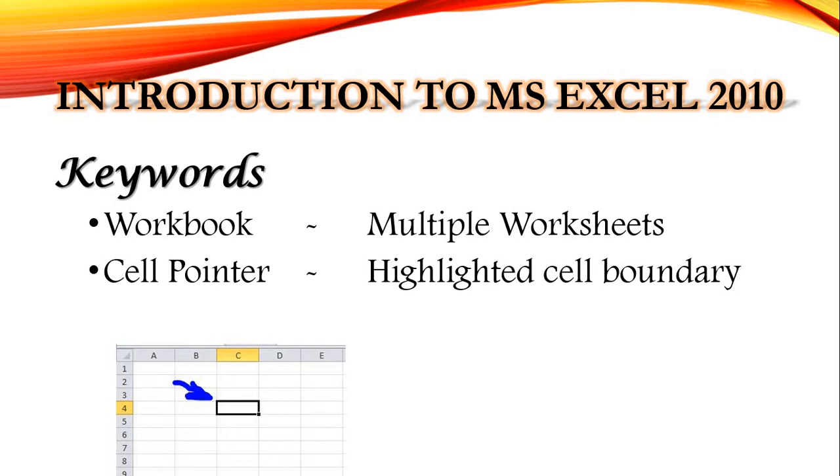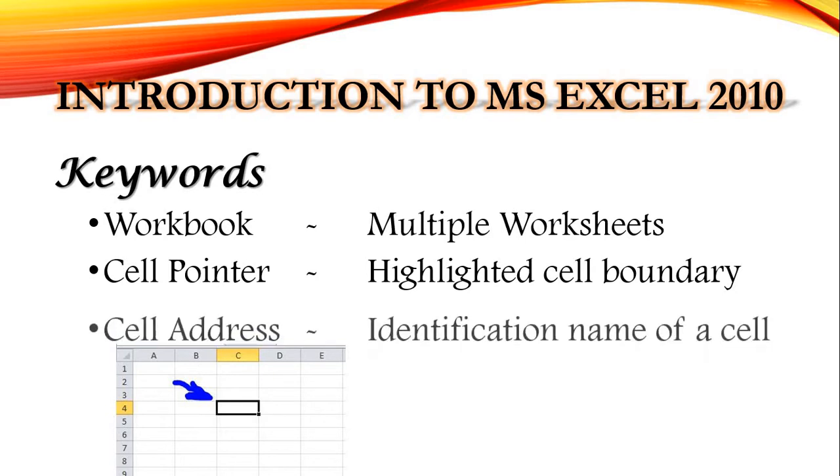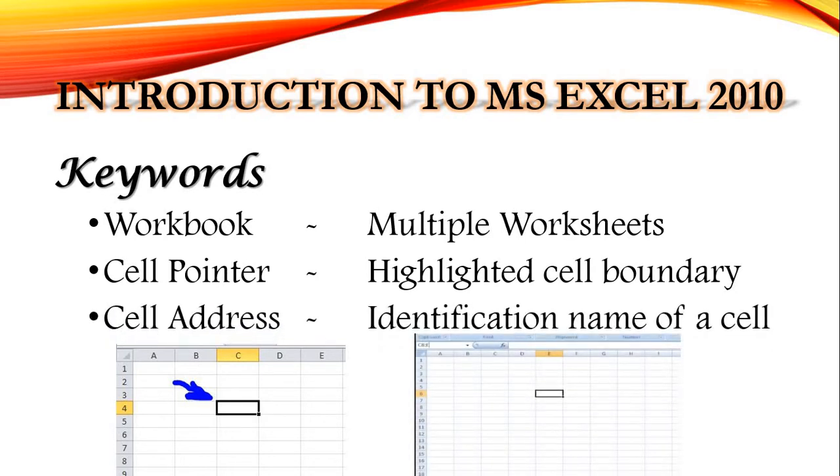It shows which cell is active at the moment. Next, cell address. It is an identification name of a cell. A cell can be identified by the column letter and the row number. I hope you all are clear with the meaning of these keywords.